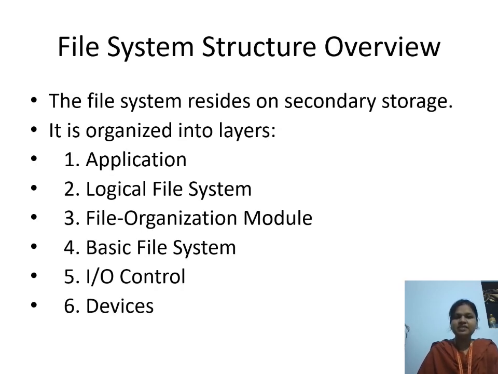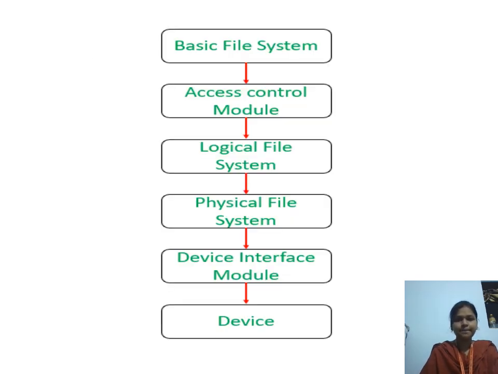File system structure overview. The file system structure resides on secondary storage. It is organized into layers. There are 6 layers or stages in the file system structure: application, logical file system, file organization module, basic file system, input output control, and device.